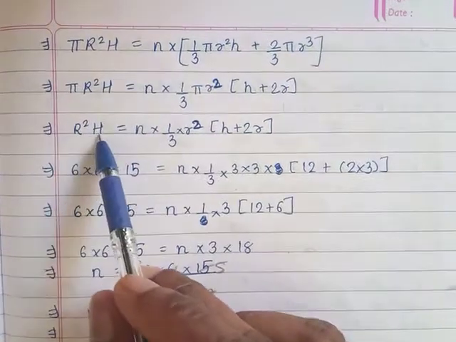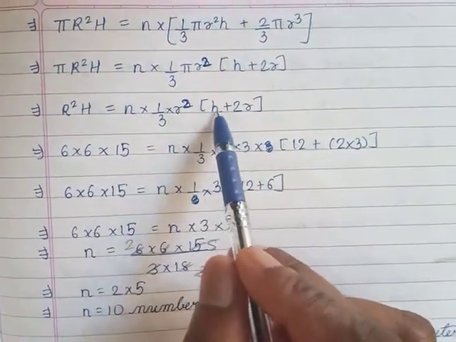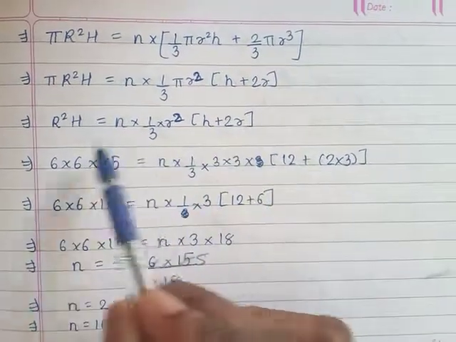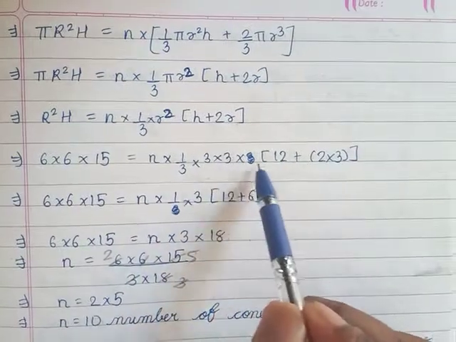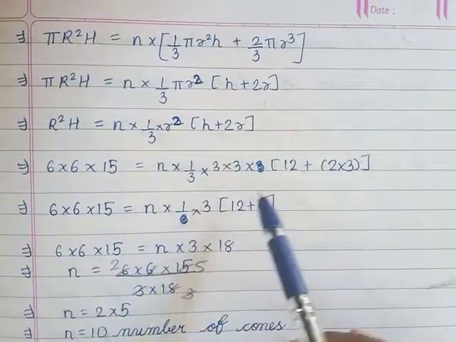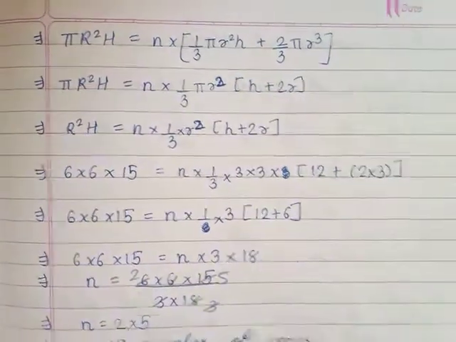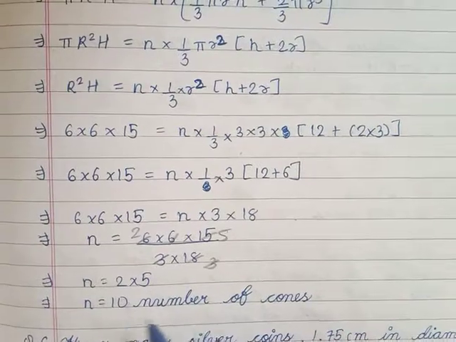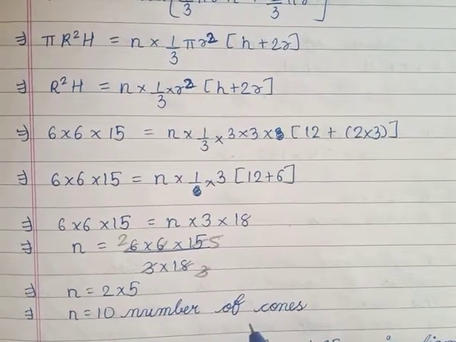You will get r square h is equal to n into 1 by 3 r square in the bracket h plus 2r. So if you substitute 6 into 6 into 15 equals n into 1 by 3 into 3 into 3 into the bracket, substituting the values of r, h and 2r and simplifying, what will we get? n is equal to 10. So n is equal to 10 means what we get as the result?